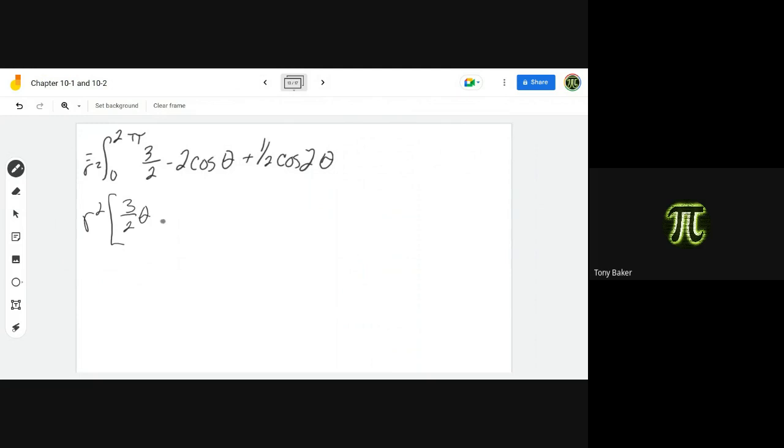It's just sine. So this is still minus 2 sine theta. And what's the integral of cosine 2 theta? Almost. It's 1/4. Well, you just said cosine 2 theta. Oh, okay. All right, I'll give you that one. Yes, it's 1/2 times, and you have to multiply by the 1/2.